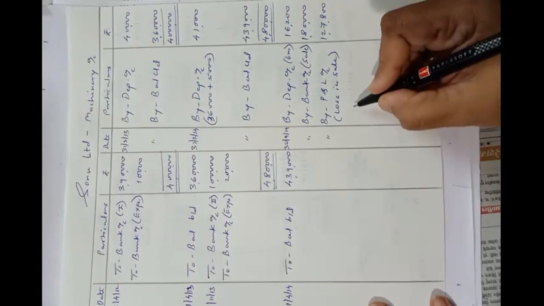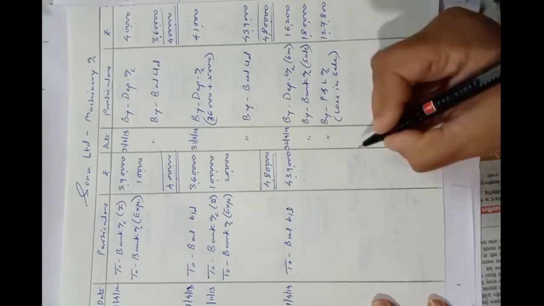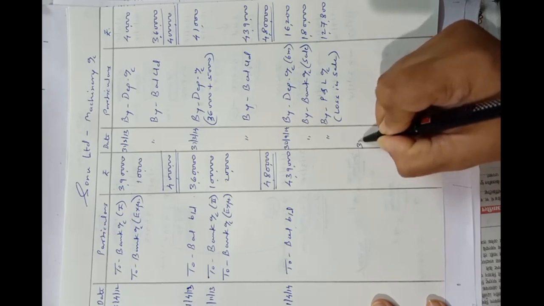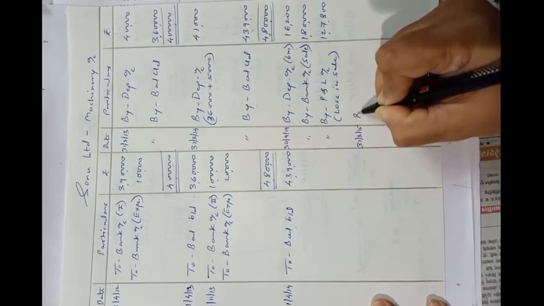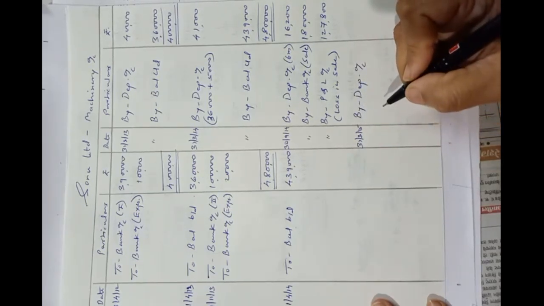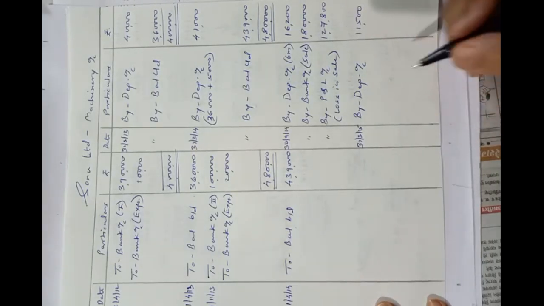Okay, now no new machinery has been purchased, so directly at the end of the year, that is on 31st March 2015, we have to provide for depreciation of remaining machinery. As per our calculation, it is 11,500. Okay, so now we will tally.